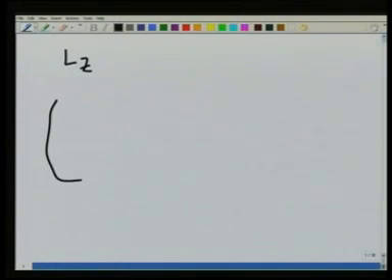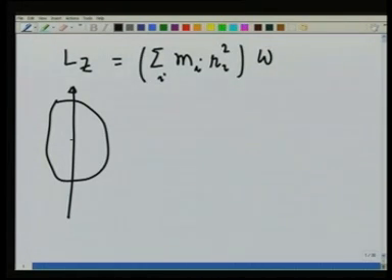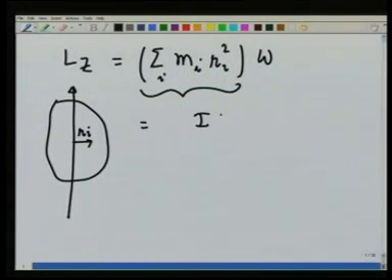Having obtained the expression for Lz as summation over i of mi Ri square omega, where Ri is the perpendicular distance from the axis of rotation, we call this quantity the moment of inertia, I omega. Let us calculate this quantity I for certain simple and slightly more involved elements.